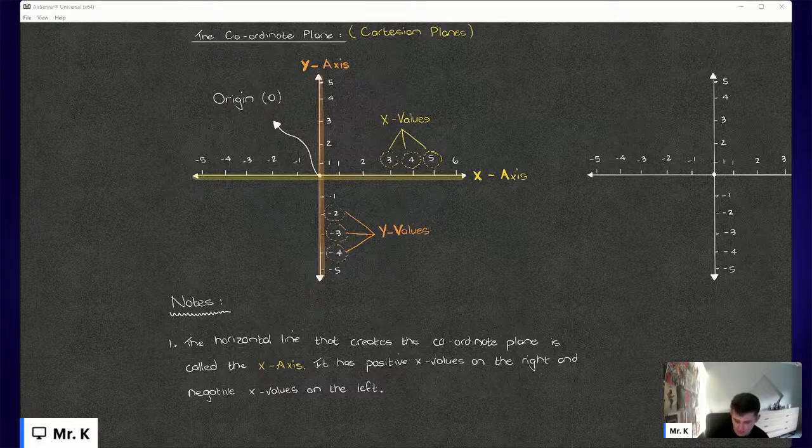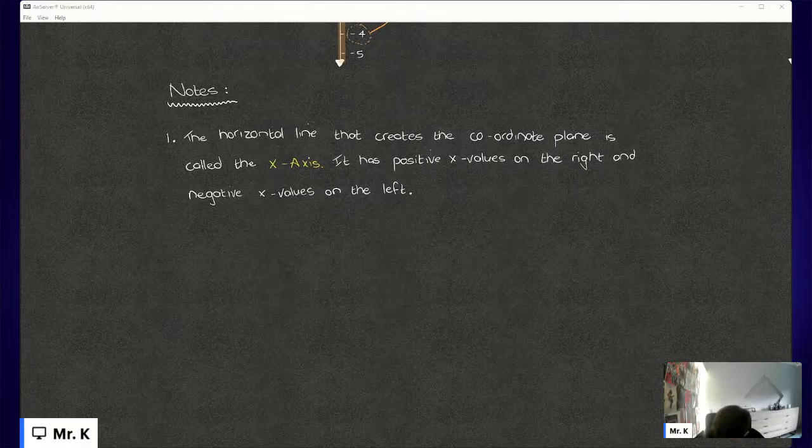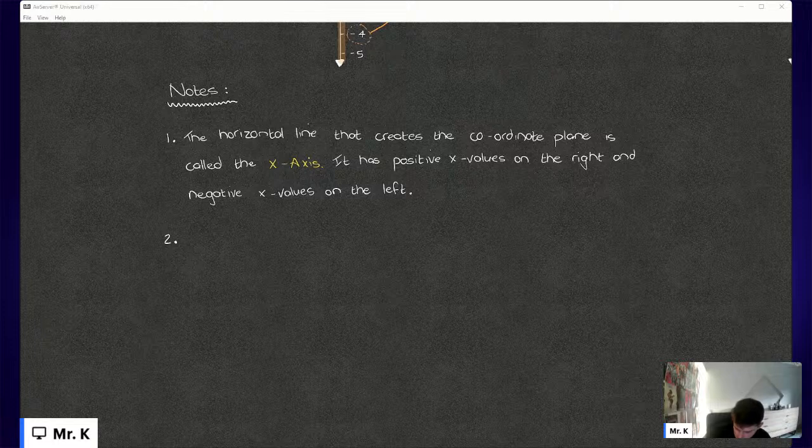Okay, let's go ahead and write down a second paragraph here at the bottom under our notes section. So we've just mentioned the x-axis in our first paragraph. In the second paragraph, we'll talk about the y-axis.